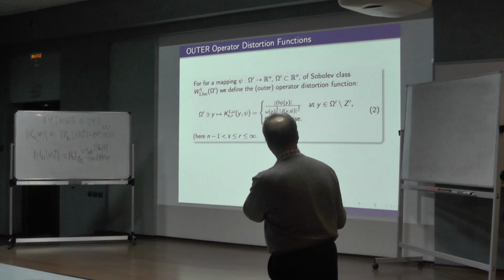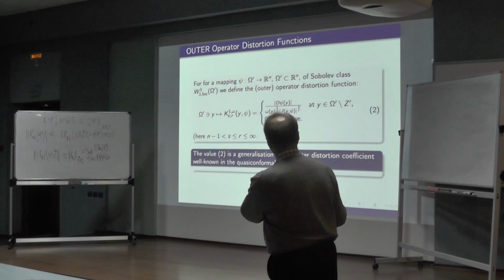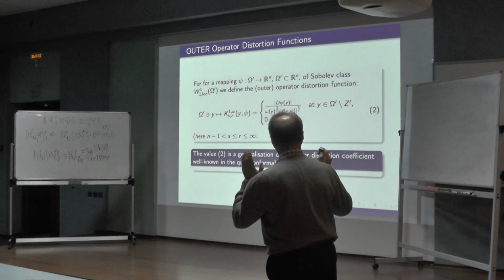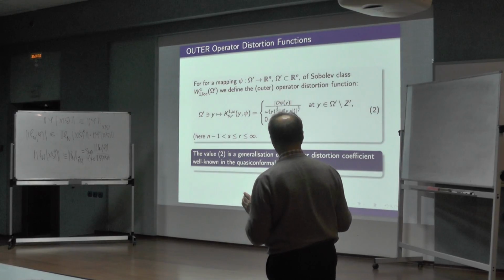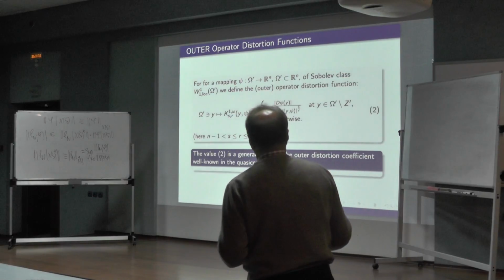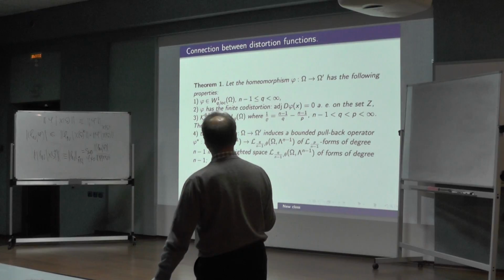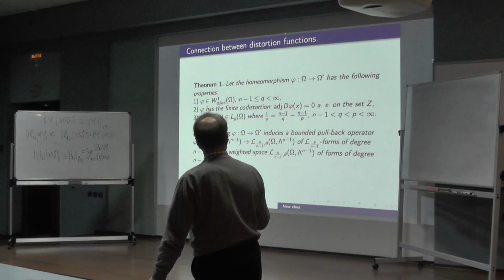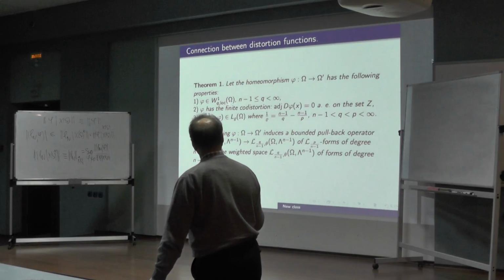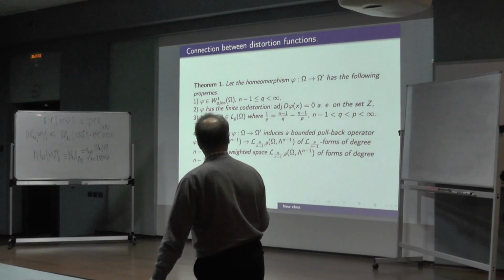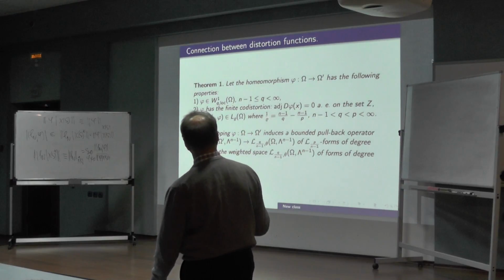To explain this idea, now I connect all the definitions in one theorem. The theorem is the following. We have three conditions. Phi is a homeomorphism belonging to this Sobolev class. Phi has finite co-distortion.